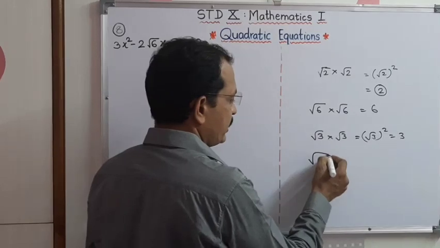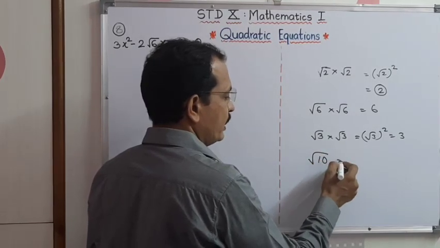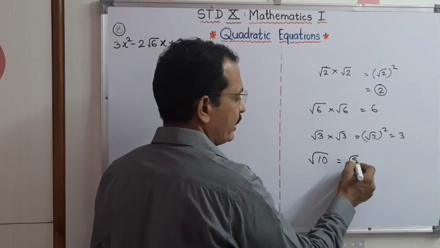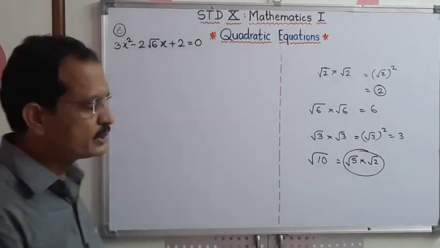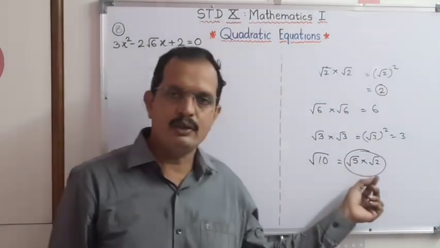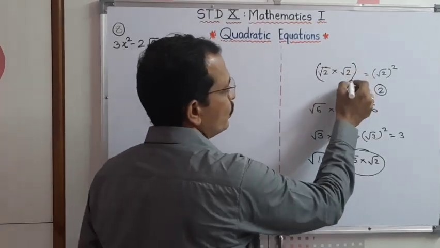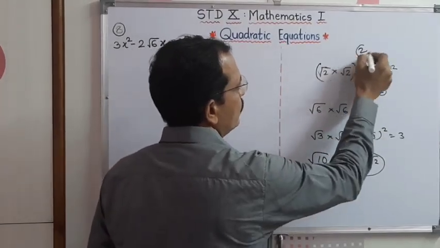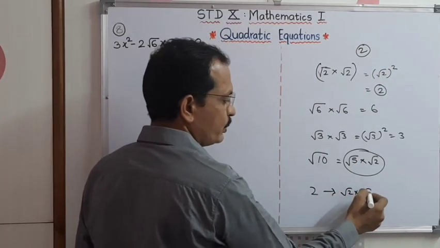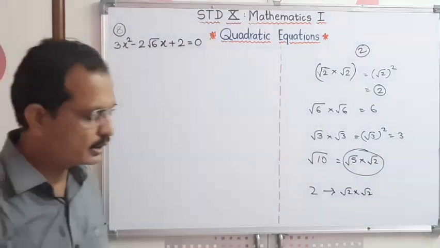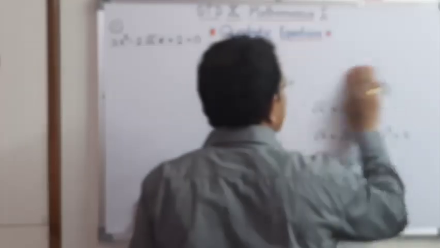Second, suppose I write here root 10, and if I factorize this, root 5 into root 2, then it is the same. That means root 10 we can write root 5 into root 2 like this. That means root 2 into root 2 we can write 2, but 2 we can write root 2 into root 2. Remember these things. Now see the given sum.